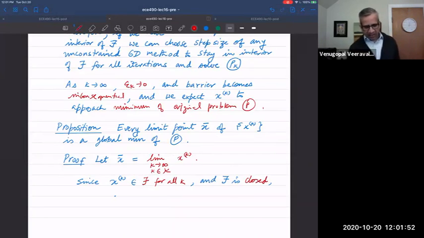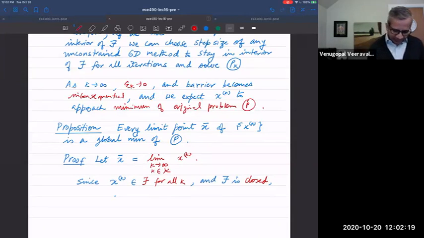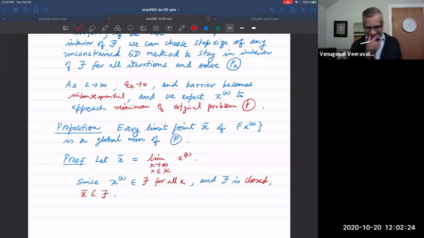So if you have a closed set and you take a sequence that is convergent, say, to x bar in this case, then x bar should also belong to F. That's one of the definitions of a closed set, right? So take any sequence inside that set, it has to go to a point within that set. That's for closed sets. The x bar has to belong to F. Okay, that's going to be important for what we say next.